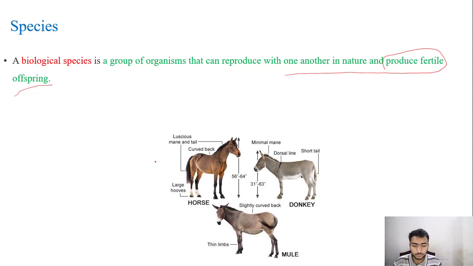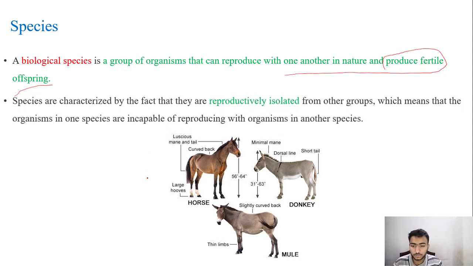It can then not propagate its DNA, or it cannot reproduce properly. So although a horse and donkey can mate, they do not come from a single species, because they mate to produce an infertile offspring, that's the mule. That's what I wanted to communicate.